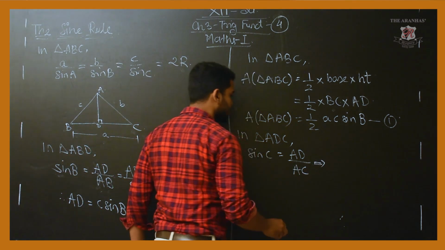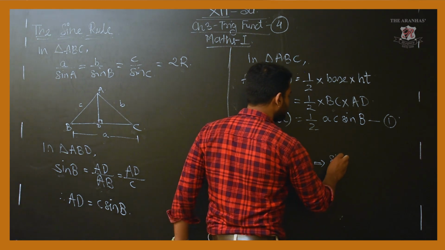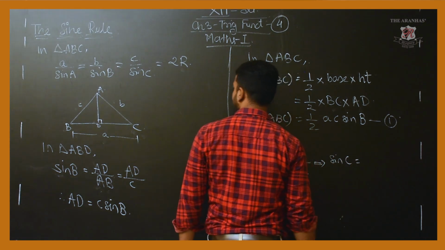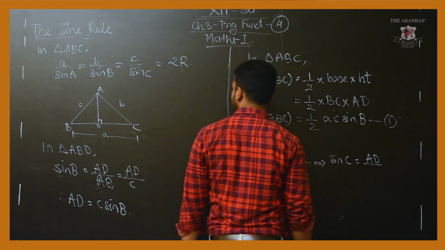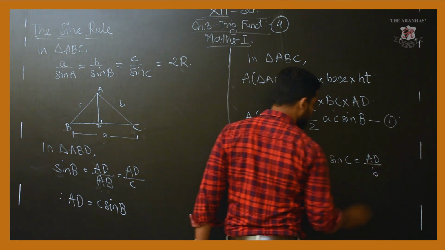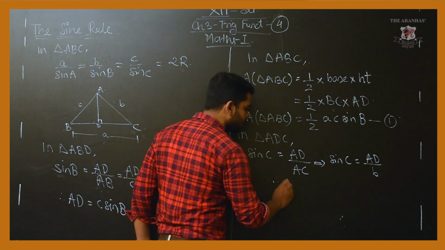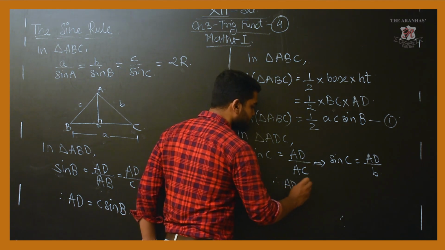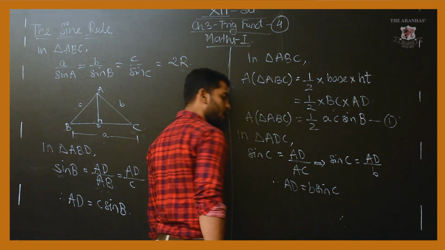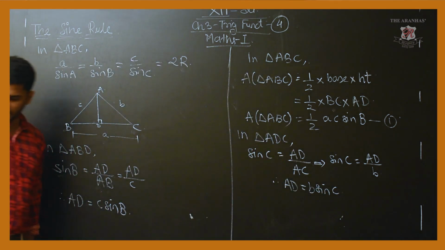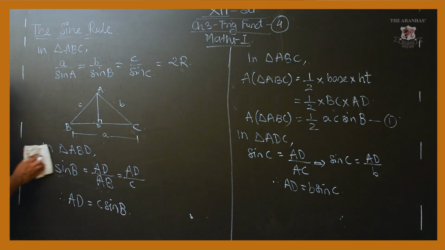That gives us sin C equal to AD upon AC. AC is nothing but small b. So therefore, we can write the value of AD as b sin C.